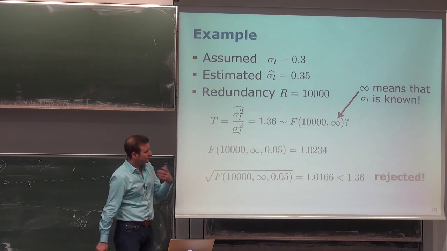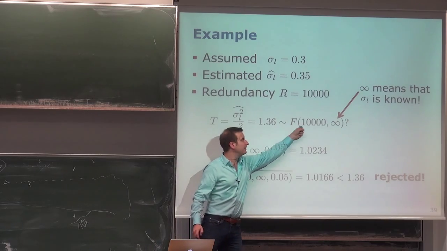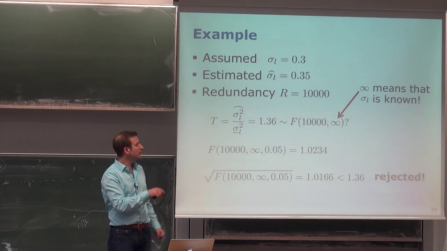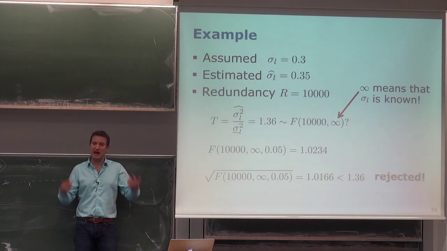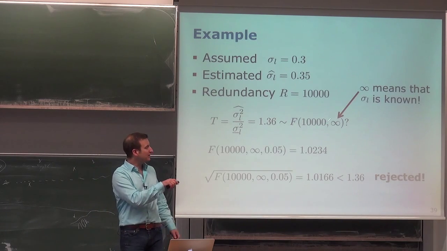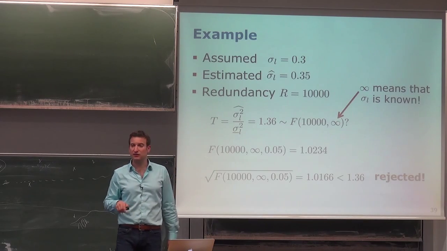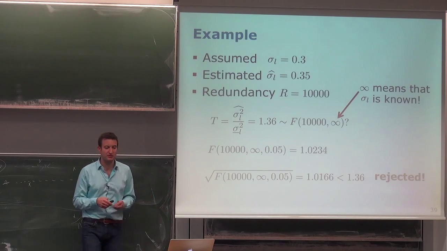And this becomes such a problem in this setting because I have these high redundancy values over here. If these redundancy values are much, much smaller, then this doesn't play such a big role. But given that I have so many observations, the redundancy gets large, and then assuming that I perfectly know this uncertainty will basically reject these hypotheses all the time.